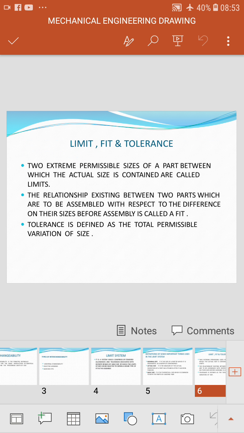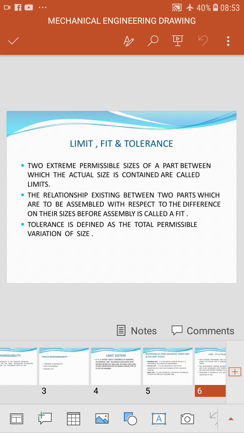Now, what is limit, fit and tolerance? From the slide, you can see the two extreme permissible sizes of a part between which the actual size is contained are called limits.